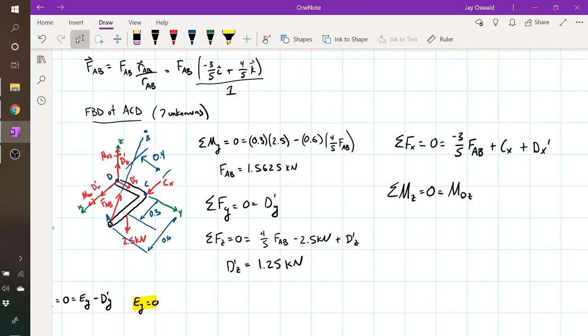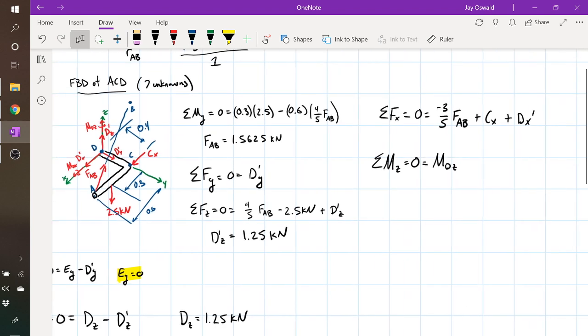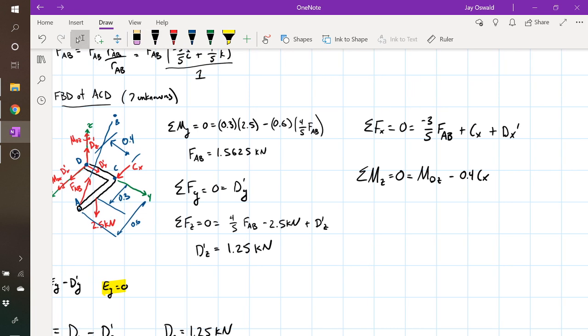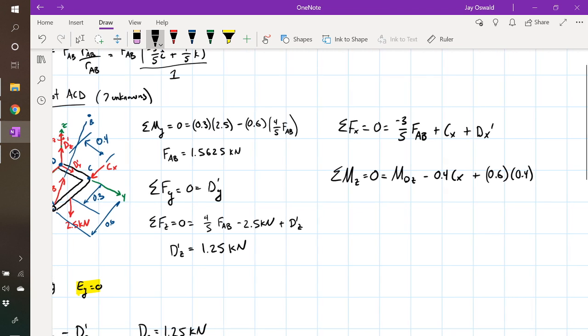So we'll have, so CX is going to make what kind of moment about Z? Yeah, minus 0.4 CX. And actually, this may not be too bad. Let's see. And then FAB is going to be the X component of FAB, right? So it's going to be plus 0.6 times 0.4 times FAB.